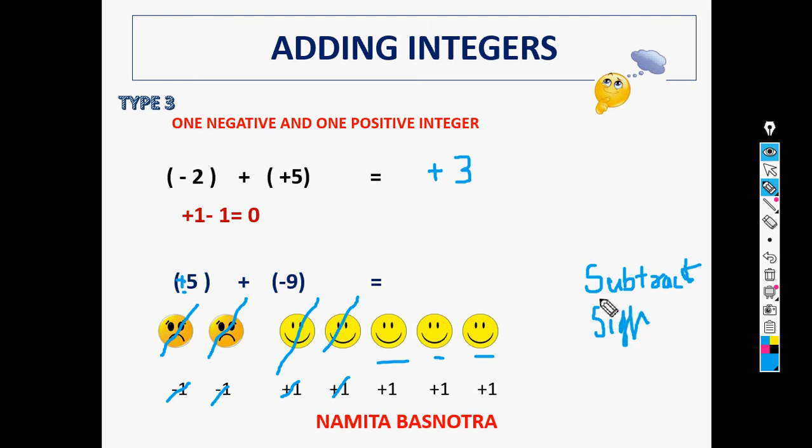It will be simple subtraction. 9 minus 5 is 4, so I'll write 4 here. The second thing is the sign, which is important. The sign will be that of the greater number of these two. Which is greater, 5 or 9? 9 is greater. So that means 9 is negative here, so in my answer I'll put the minus.